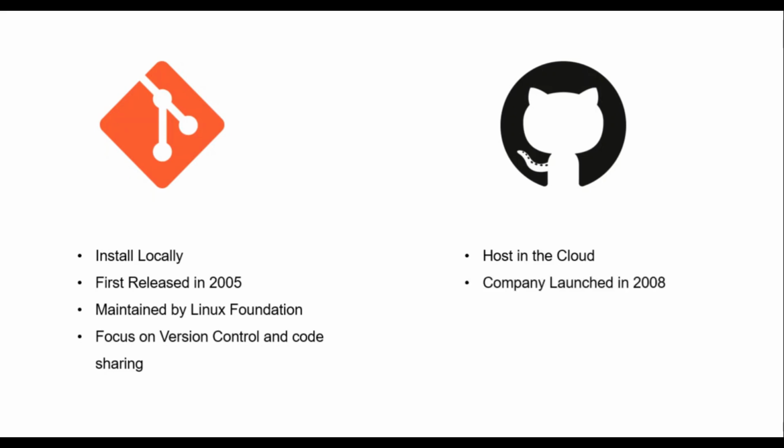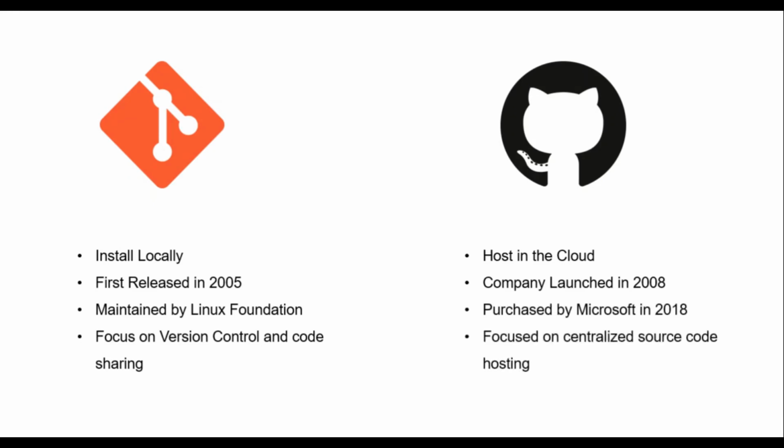It is actually maintained by the Linux Foundation, and it focuses on version control and code sharing. Coming to GitHub, it is hosted on the cloud. So this is one of the major differences, and this company was launched in 2008, and then it was purchased by Microsoft in 2018, and it focuses on centralized source code hosting.